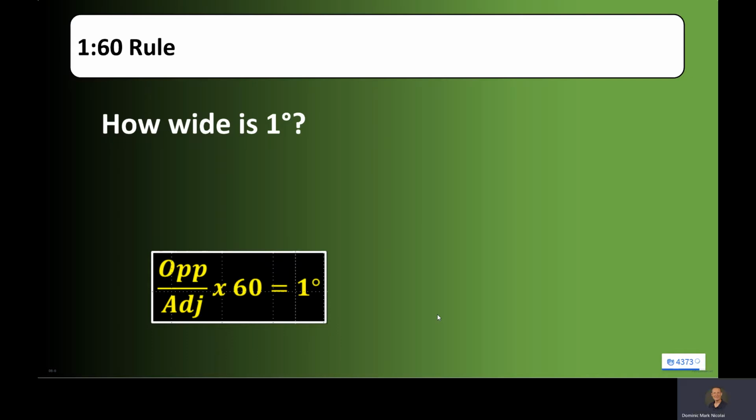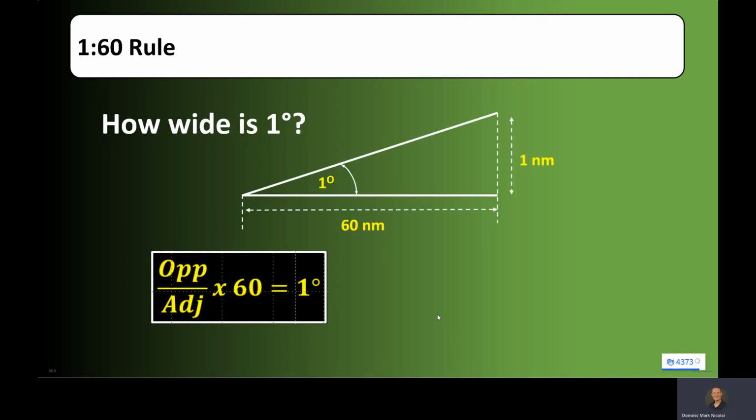So we can just say 1 degree, 60 miles away, is 1 nautical mile wide. So angles get wider the farther you are from the origin point.